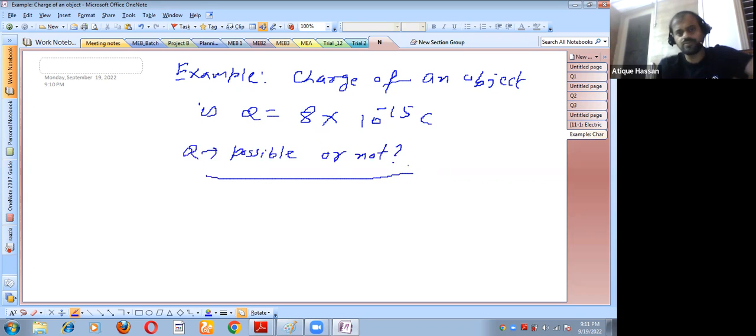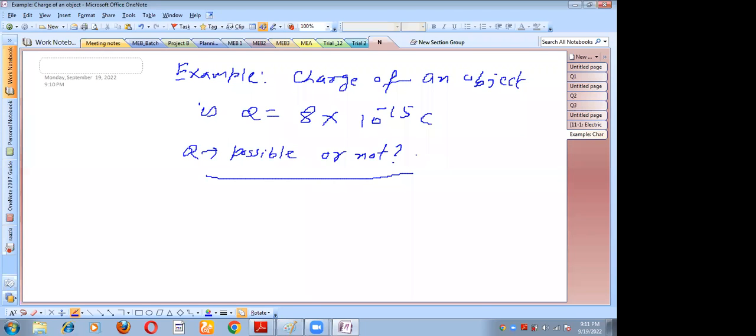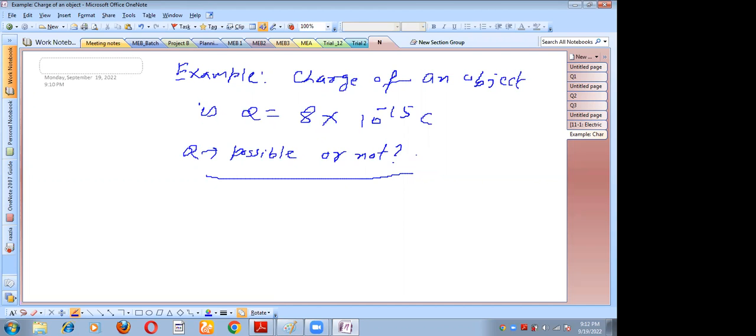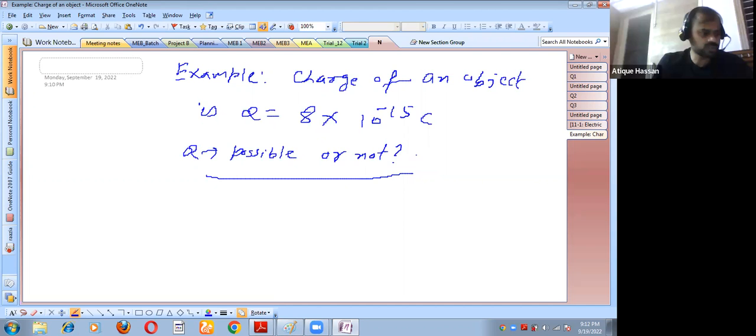So how will you identify whether this charge on an object is possible or not? Sir, we find if it's an integral number. Yes, put Q equals n e, where n is an integer.